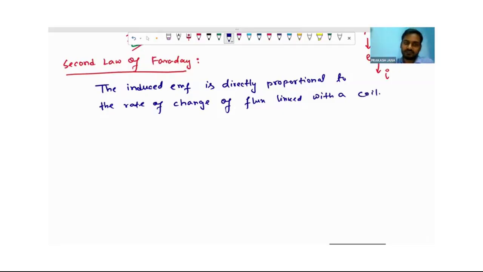So the EMF that will be induced in a coil, its magnitude is directly proportional to the rate of change of the flux linked with a coil.